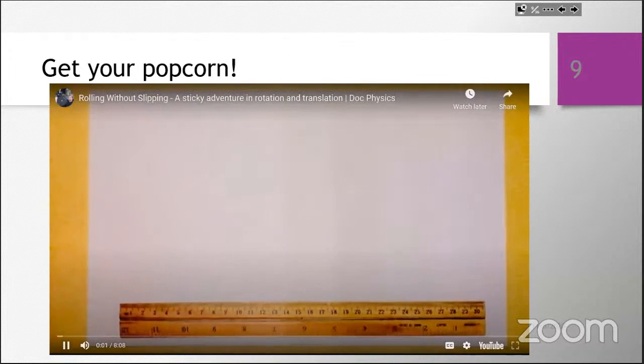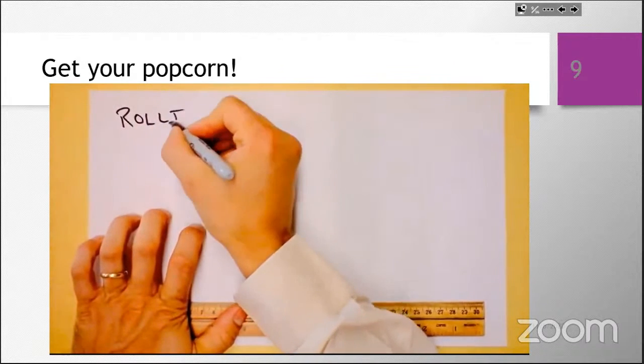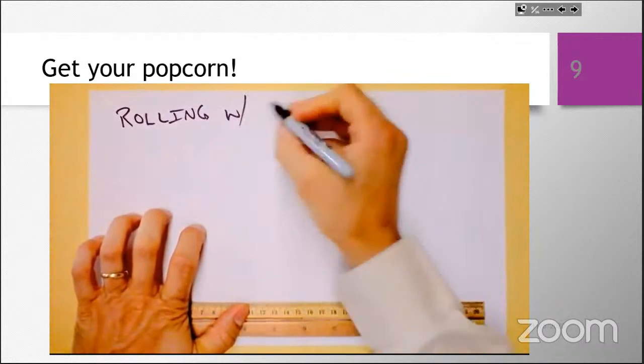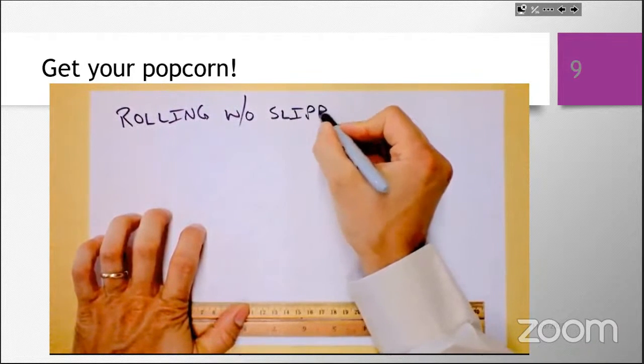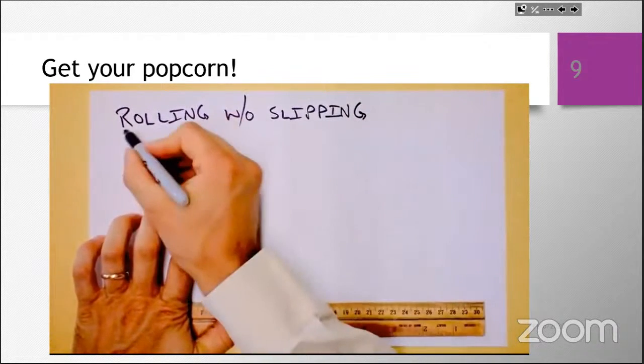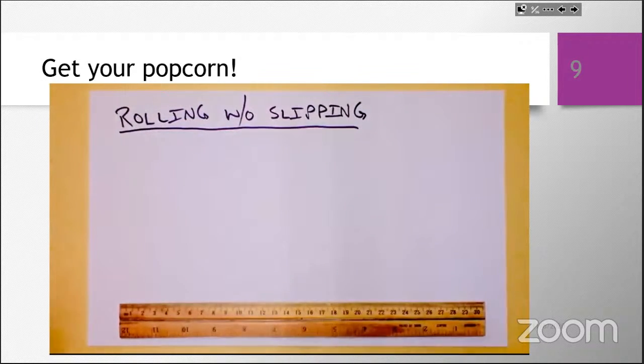I want to talk to you today about rolling without slipping. This is a super special type of circular motion. You see, there are two general classes of motion.